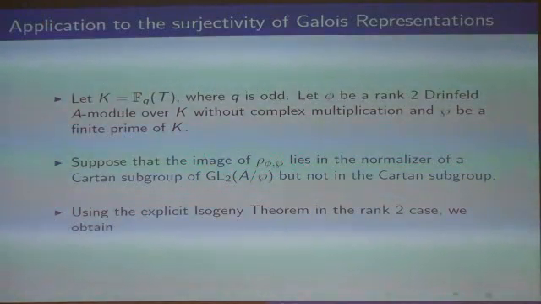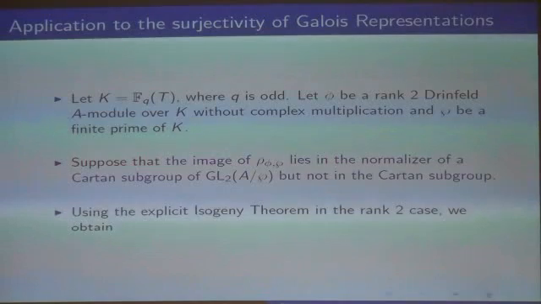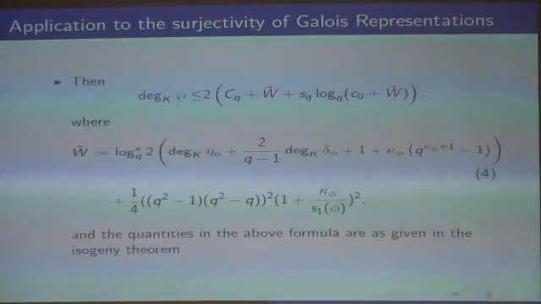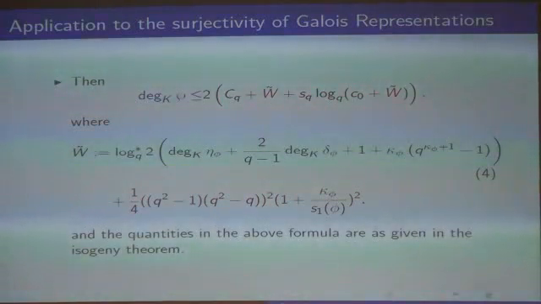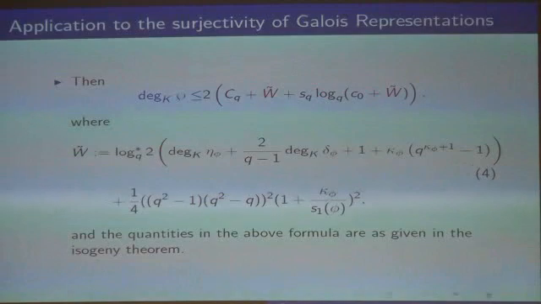In that case, by using the explicit isogeny theorem for the rank 2 version, we are able to get a bound for the degree of p. So the degree of p is bounded by this value. You remember this looks very similar to the bound involved with the explicit isogeny theorem. So we can actually determine this bound for the degree of p.